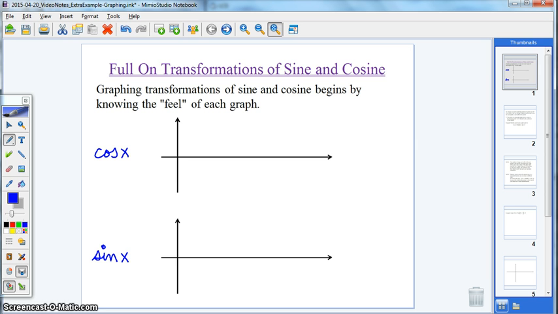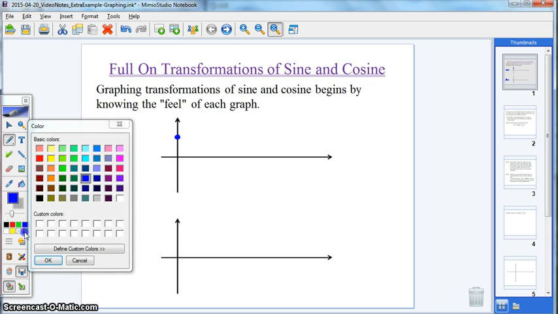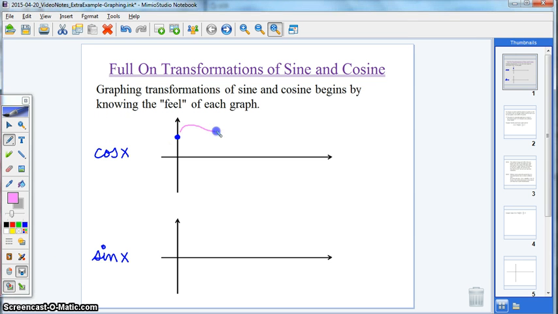We have learned that cosine starts at a high point, at a relative maximum. If we then go one full period later, whatever the length of that period is, we've got to be at that relative maximum again. If we then go halfway through the period, we've got to be at a relative minimum.